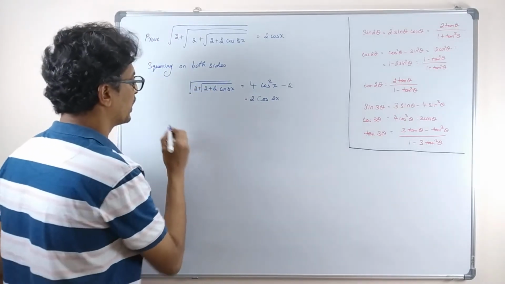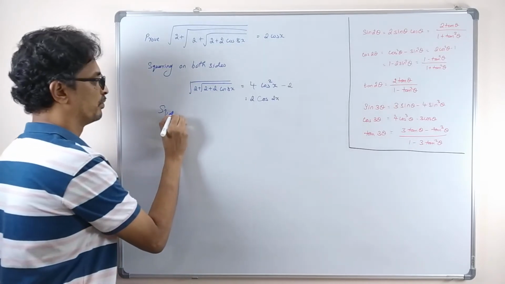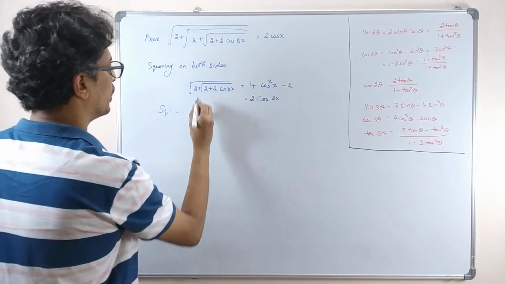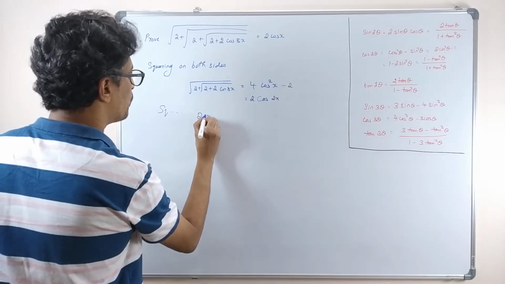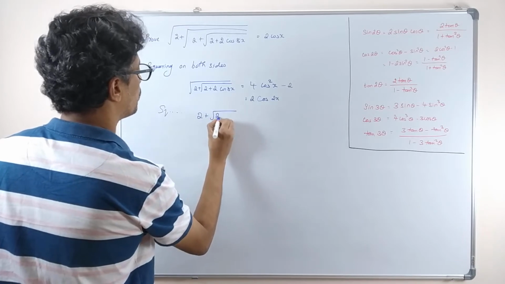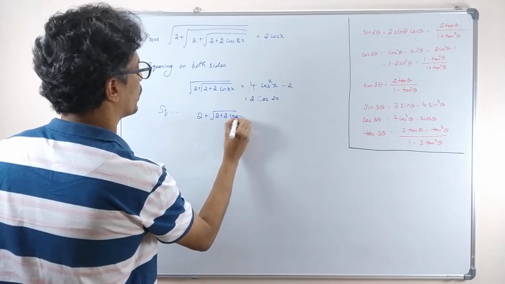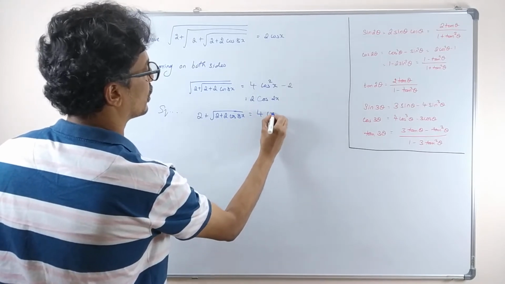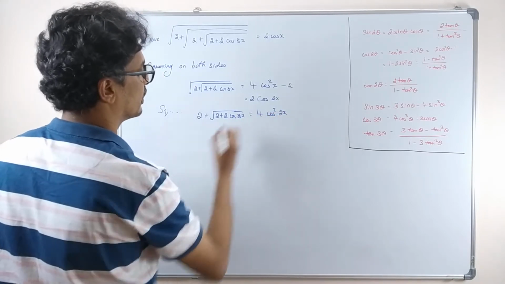Again let me square both the sides. So what I am going to get, again squaring. Okay, so what you are going to get is 2 plus square root of (2 plus 2 cos 8x) will be what? This will be 4 cos square 2x, correct?